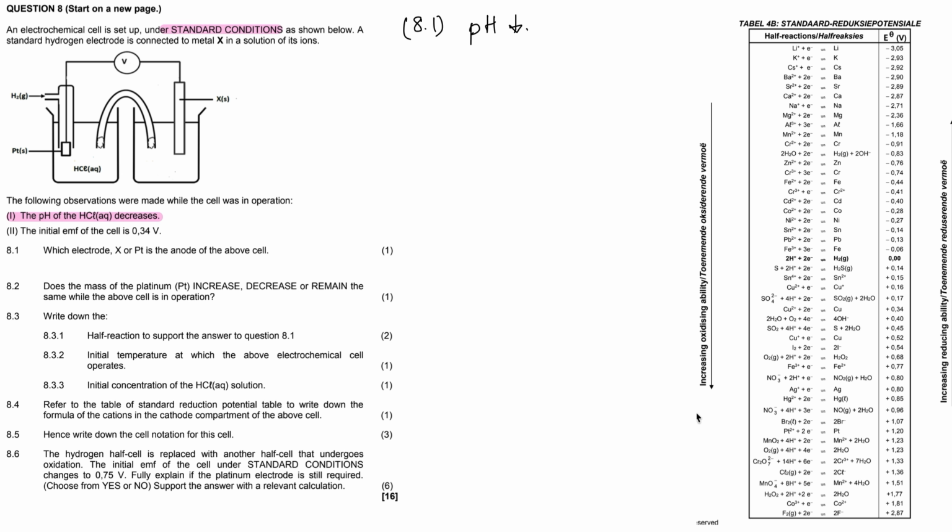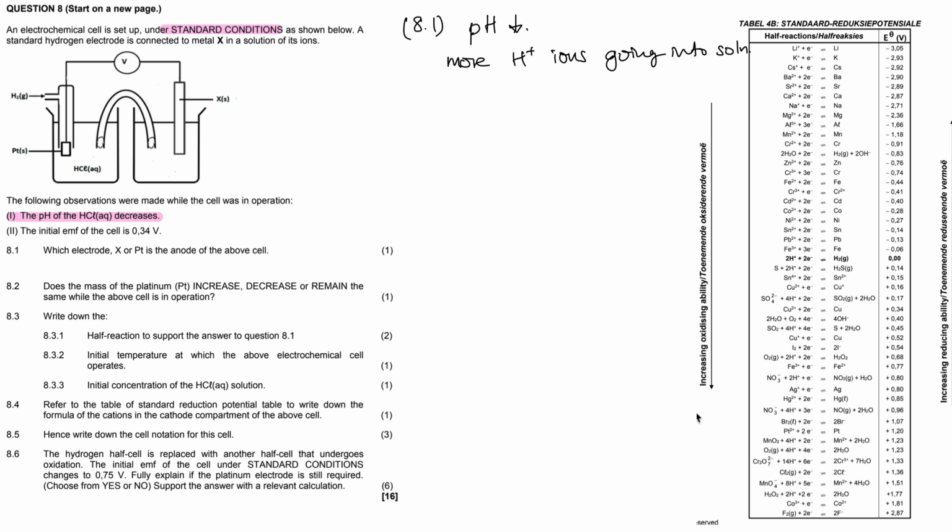In other words, the solution is becoming more acidic. Now, if the solution is becoming more acidic, it means that there must be more H plus ions going into solution.